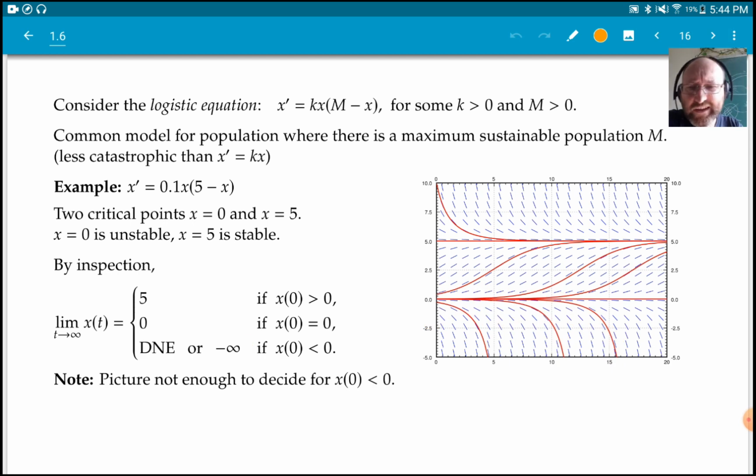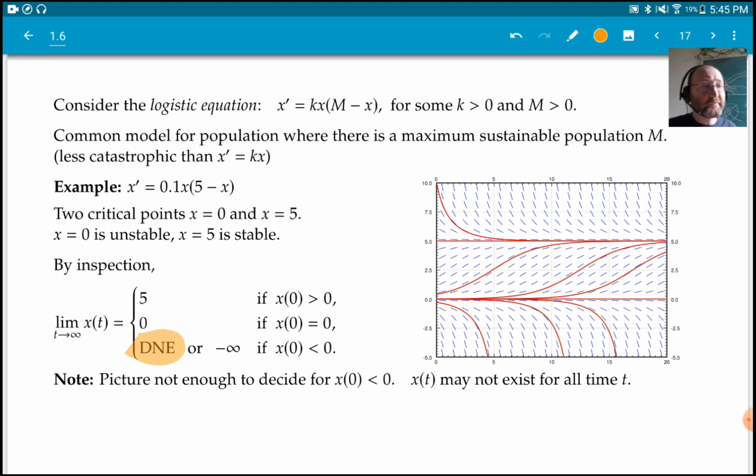Now, it's actually not enough to decide exactly what happens when x is negative, because we don't know if this x of t will exist for all time. I mean, it might actually go to minus infinity faster. That might be like a vertical asymptote. So it might be that it just doesn't exist because x of t doesn't exist for all time.